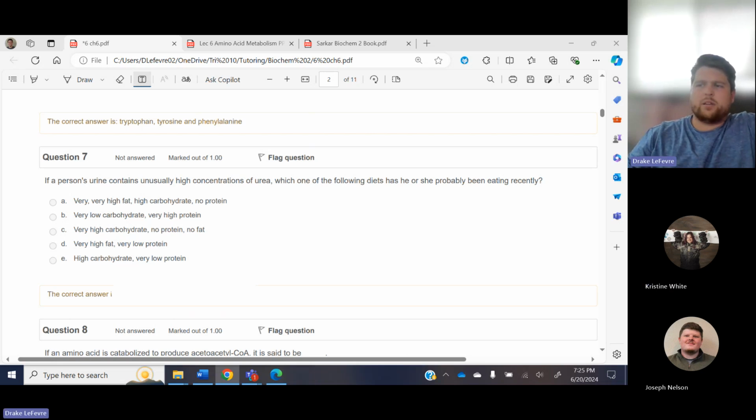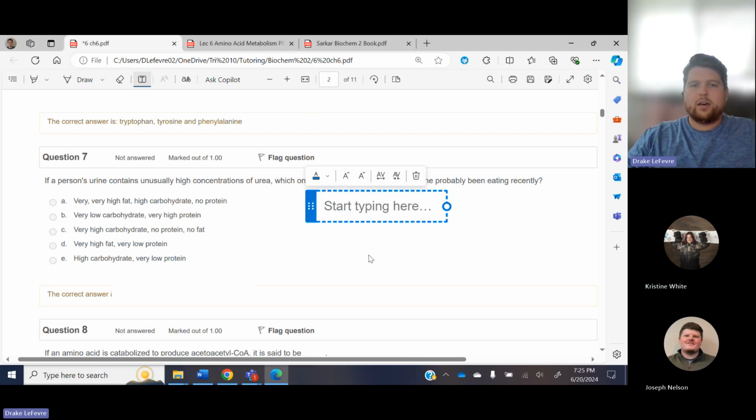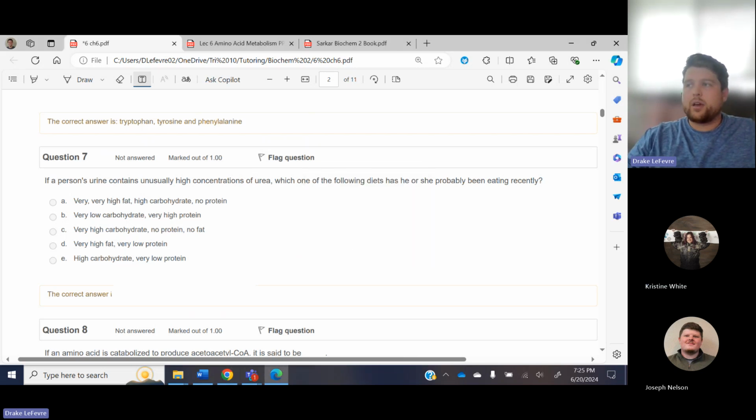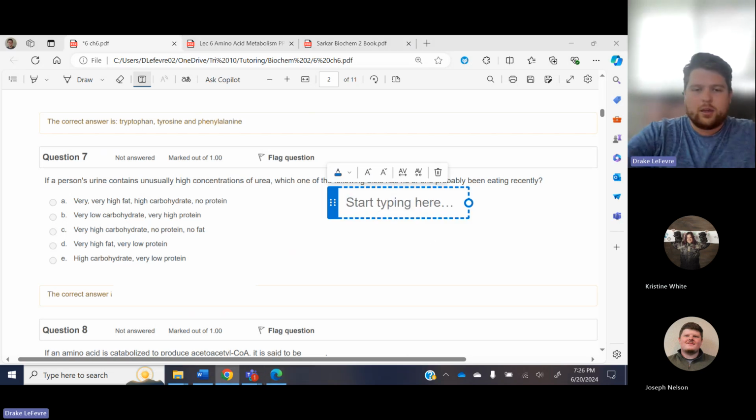It looks like this is a question that probably bled over. Just understand, urea is essentially ammonia. Isn't it when you have a high concentration of protein too? Yeah, so urea is very similar to ammonia.